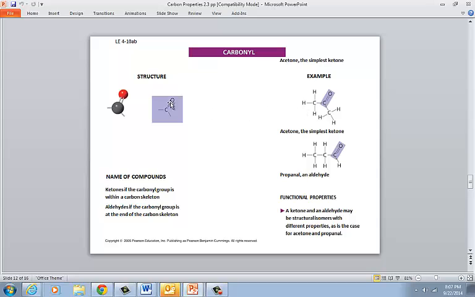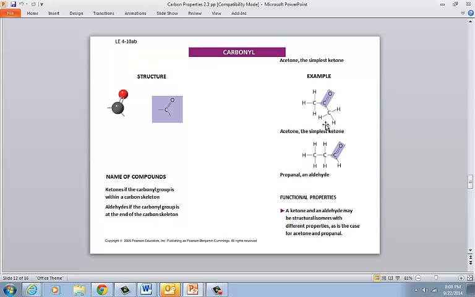Now, a carbonyl group has a carbon double bonded with oxygen. An easy way to remember the two examples: you can have a ketone and you can have an aldehyde. With an aldehyde, think A is at one end of the alphabet, and the carbonyl group is at the end.